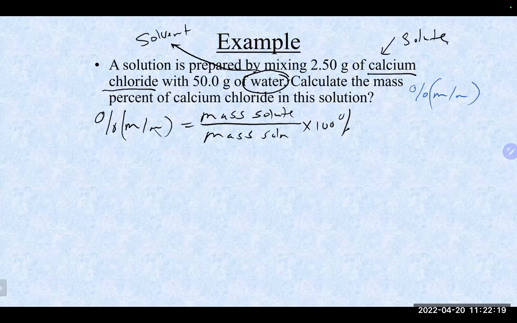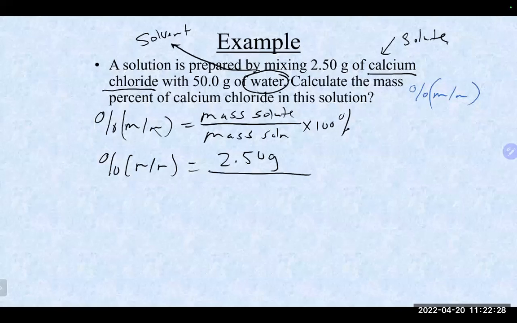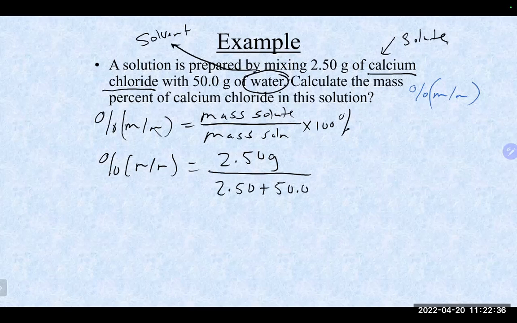That means that the mass of the solute is the 2.5 grams. The bottom part, though, is not 50, but we do need to add both of those together. So it is the solute, which is 2.5, plus the 50 grams to get us the total mass of the solution, which would be 52.5.